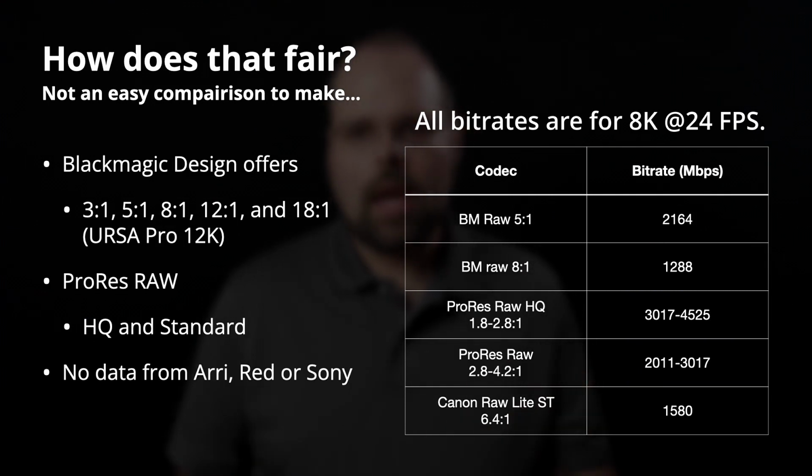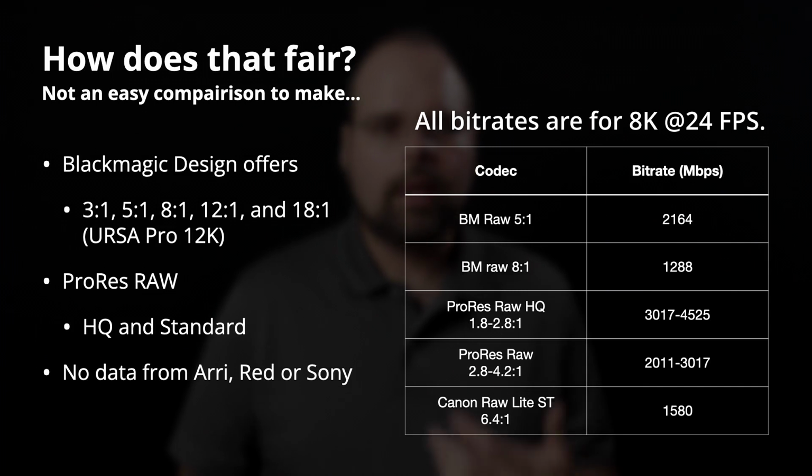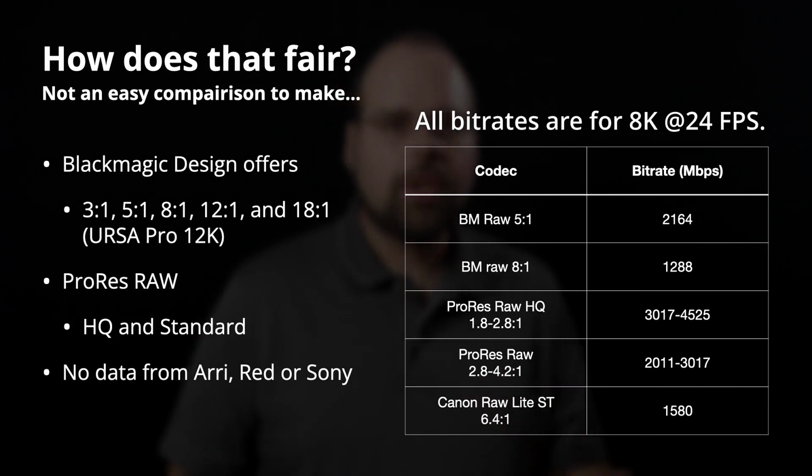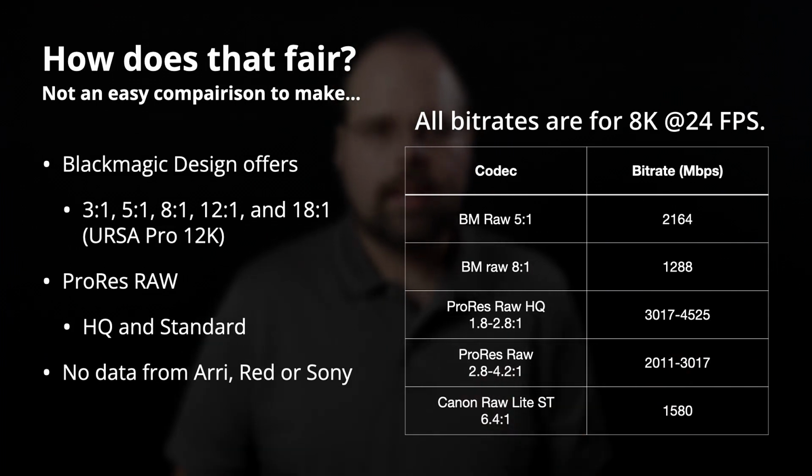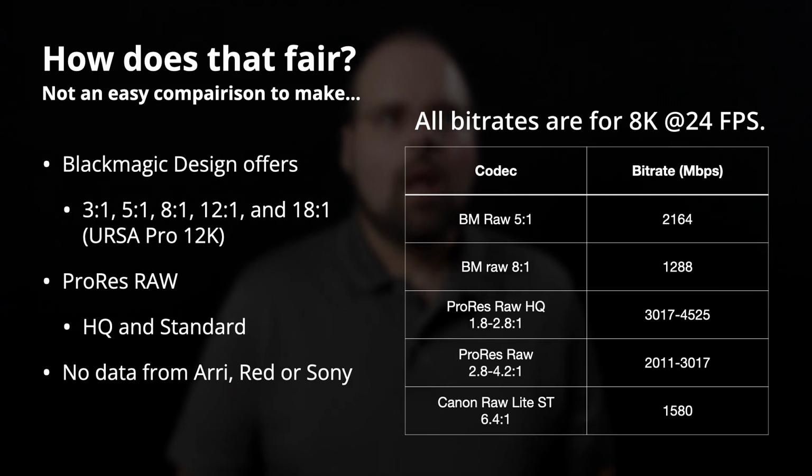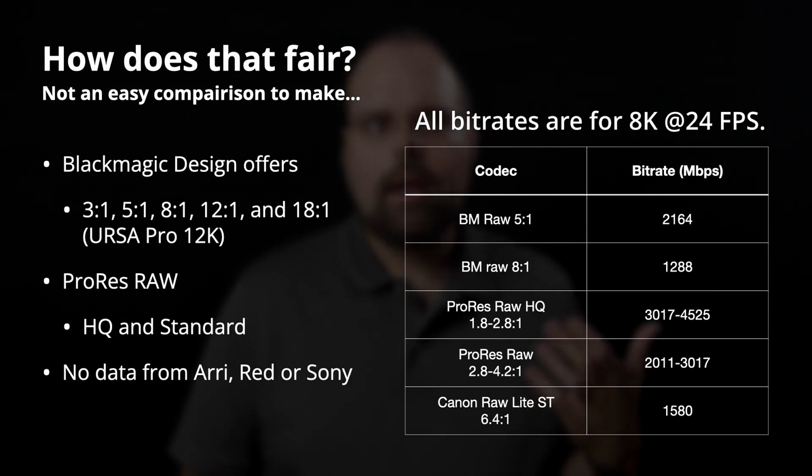ProRes, which is what Nikon is using, ProRes RAW on the Z9, offers HQ and standard compression modes. And unfortunately, Red, ARRI, and Sony don't really talk about compression, at least in the specs that I could easily find on their website. So they don't have compression ratios or anything like that.